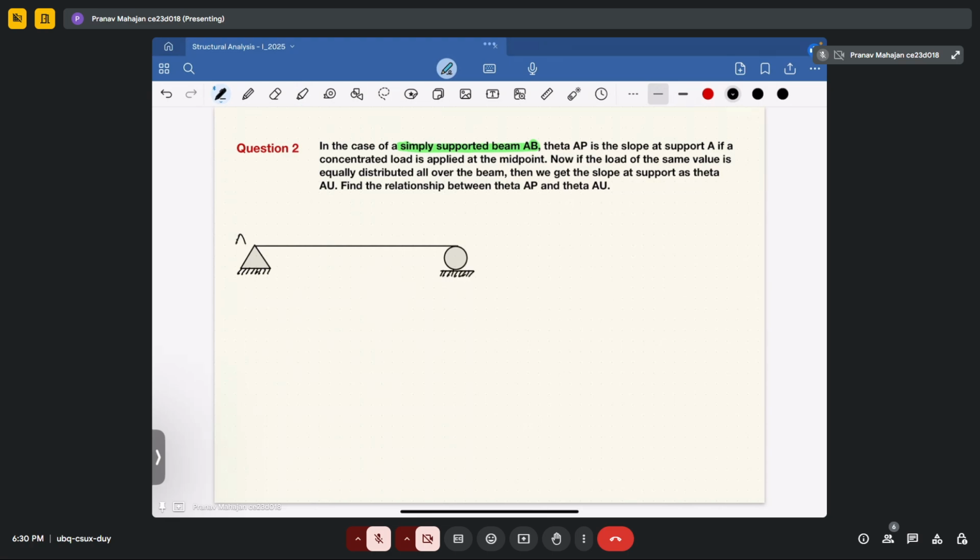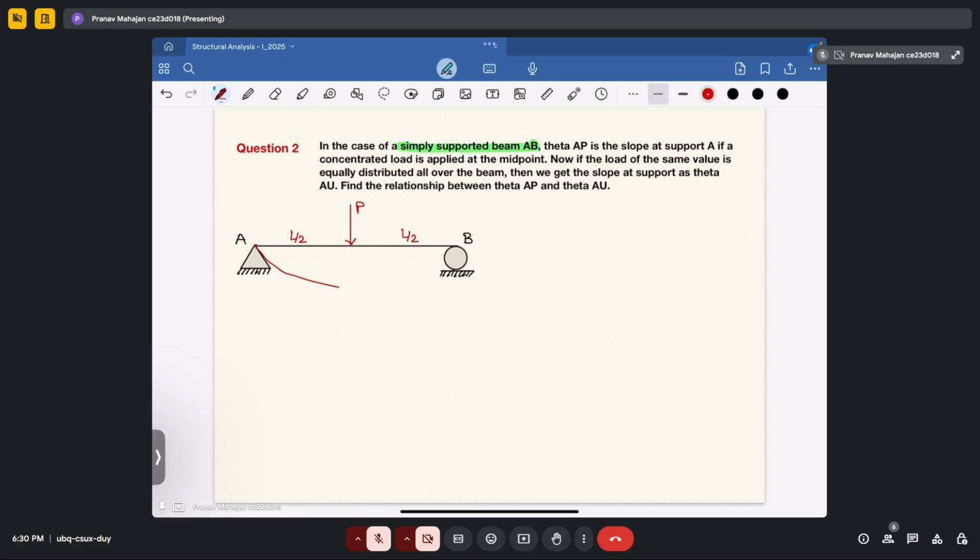So now we have made a simply supported beam, and it is telling you that there is a concentrated load applied at the midpoint. So this is your concentrated load applied at the midpoint. This is your length L by 2. This is your length L by 2. Now, in this case, it is telling you that theta AP is the slope at support A. Okay, so now we will make the deflection profile of this beam.